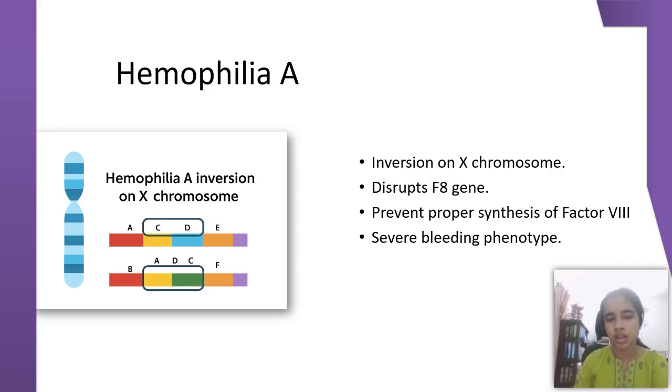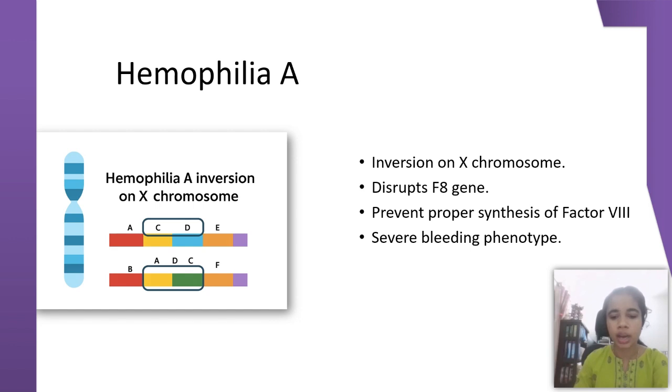So how does it occur? It happens because the F8 gene, which is the factor 8 gene on the X chromosome, is changed or damaged. The gene normally makes factor 8. So when the gene is faulty, factor 8 levels drop.